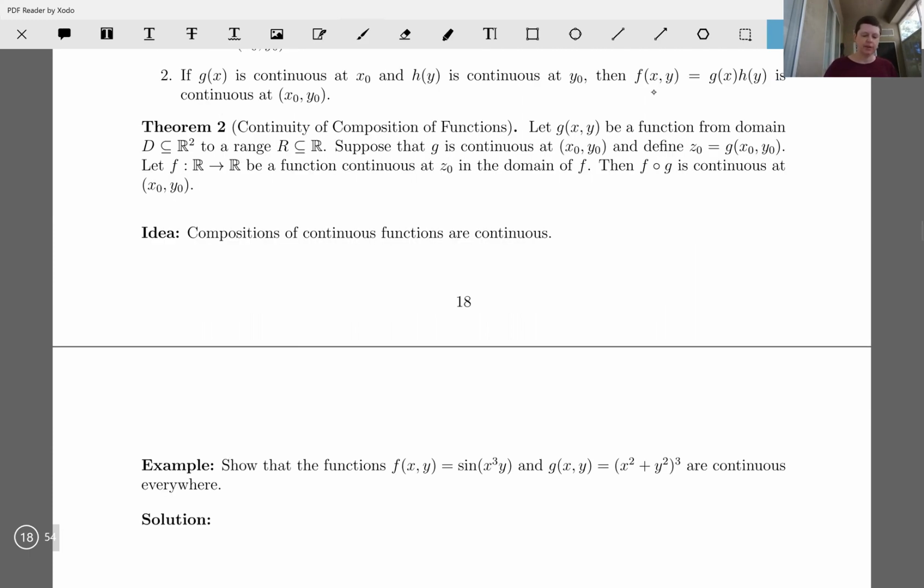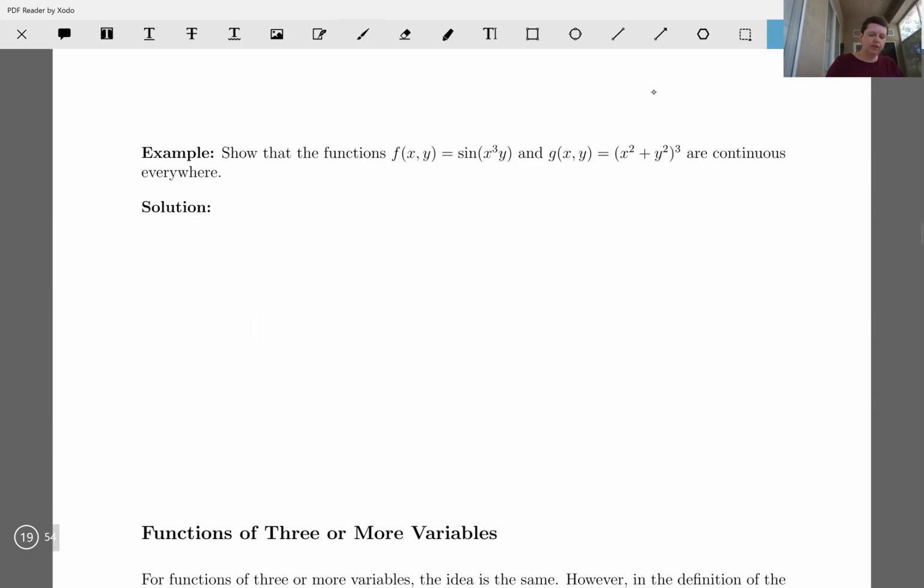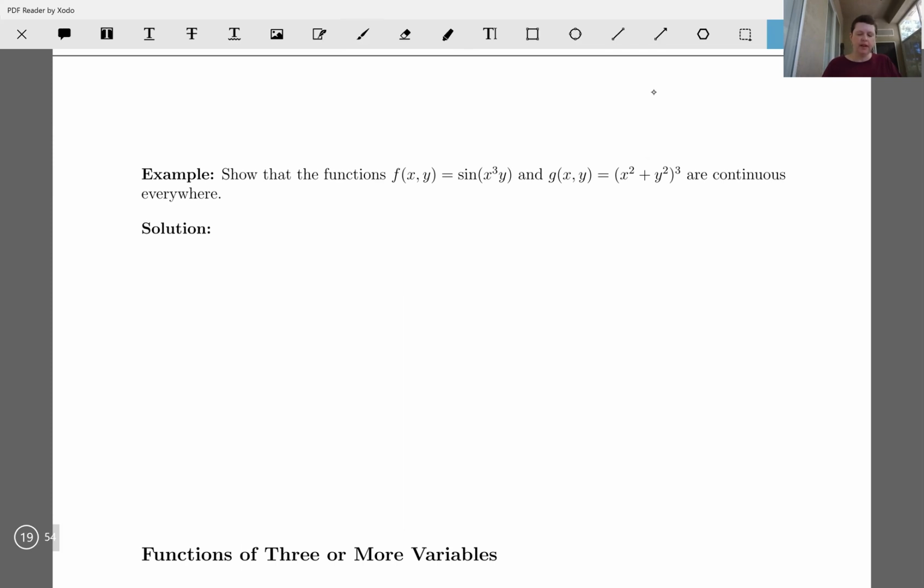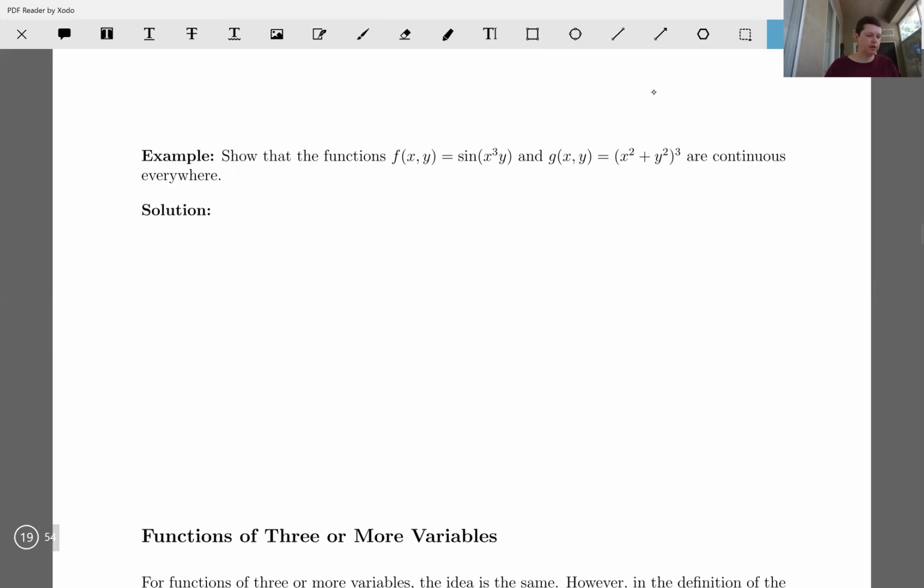The idea is, what the heck did that mean? So let's show that the functions f of x, y equals sine of x cubed y, and g of x, y, which is the quantity x squared plus y squared, cubed, are continuous everywhere.